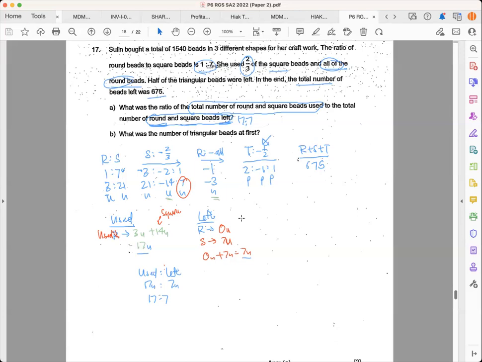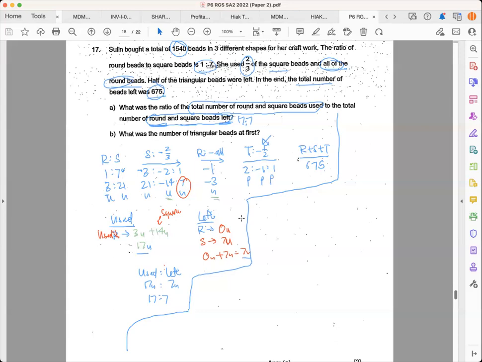Let's look at part B. What was the number of triangular bits at first? So we have two values here: 1540, which is the total bits at first, and 675, which is the total bits in the end.